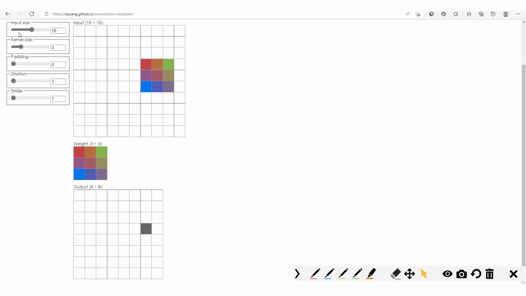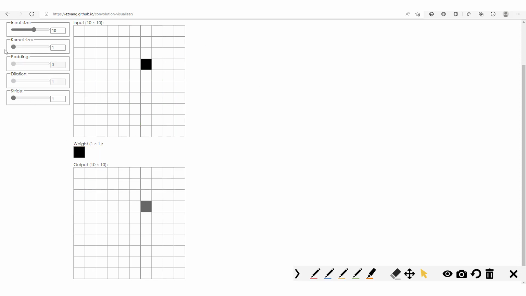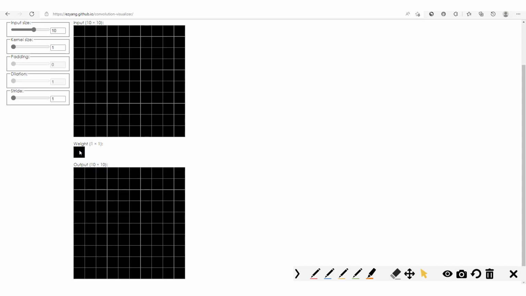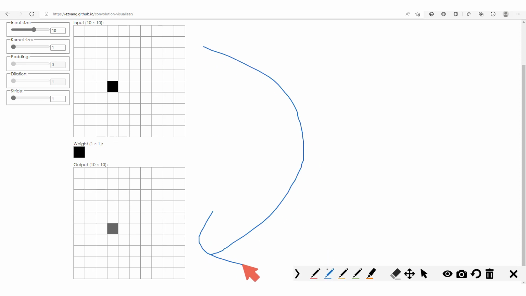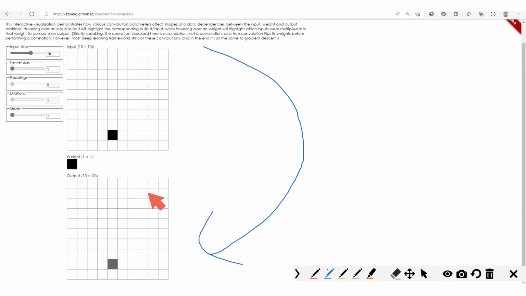Now, to better understand how one-by-one convolutions work, let's take this example where we have an input of size 10 by 10. Since it's 1 by 1, the kernel size is 1. So we have just this one weight right here, and you see it just goes through each and every pixel value. Notice that the input is the same shape as the output.